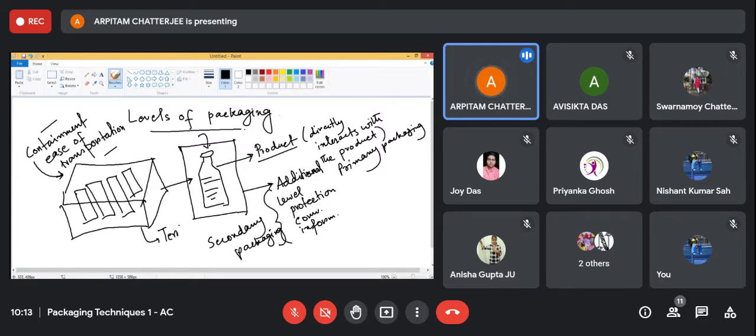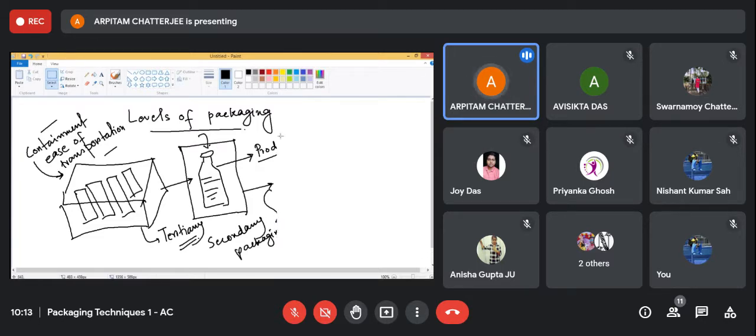So there are three packaging levels that are normally practiced: primary packaging, secondary packaging, and tertiary packaging. A good example that you can relate to very easily is the Cadbury Celebration pack.